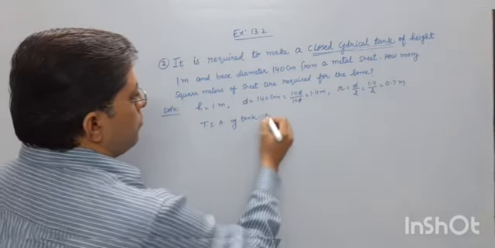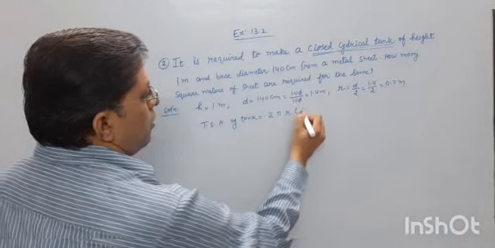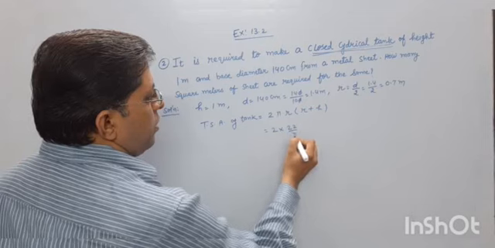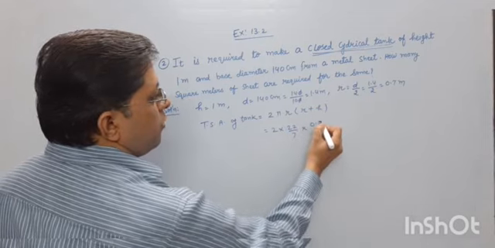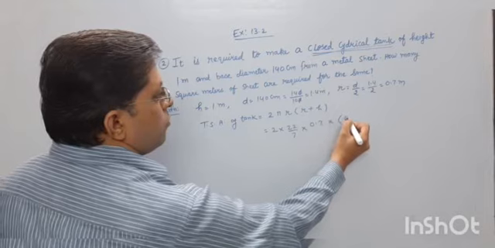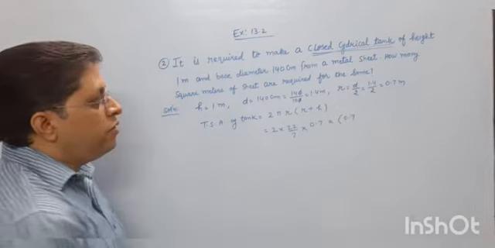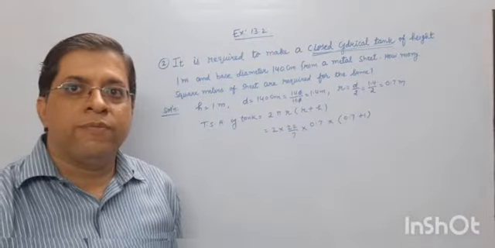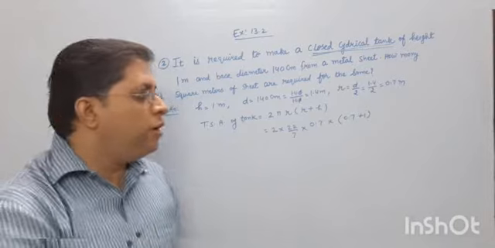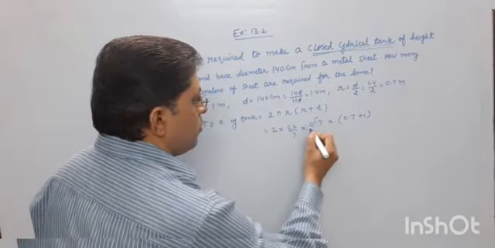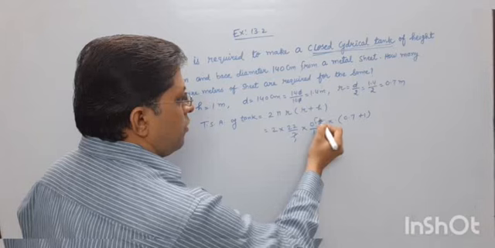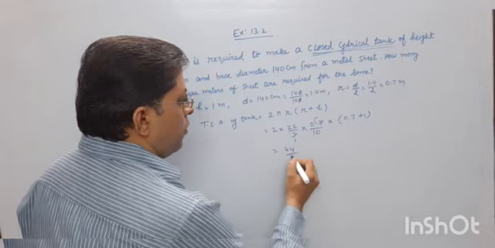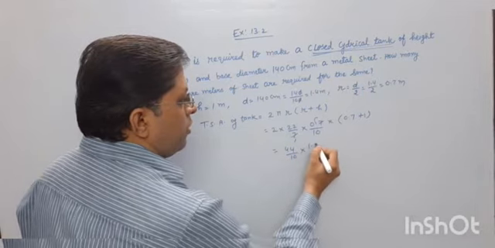is equal to 2 pi r in bracket r plus h. 2 pi, what is r? r is 0.7. And what is h? H is here 1 meter. Okay, it's very simple. You have to solve it now after that. 7 to 7 cut. This is your 44 upon 10 into 1.7.